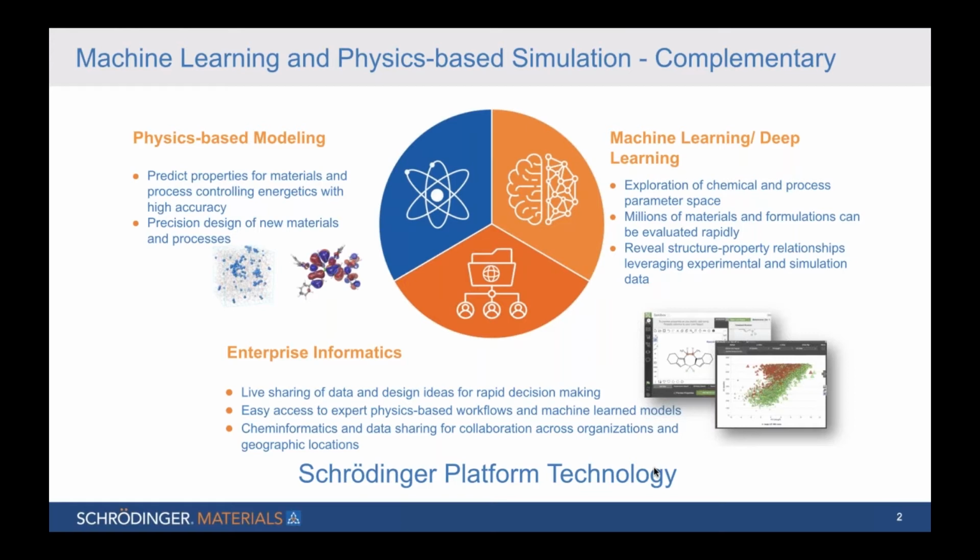It not only allows live sharing of data and design ideas for rapid decision-making, but also easy access to expert physics-based simulations and machine learning models. Another key to the importance of successful informatics platform is enabling collaboration, whether from multiple divisions of global organization or from scattered geographic locations these days.